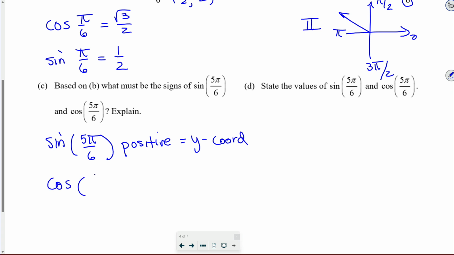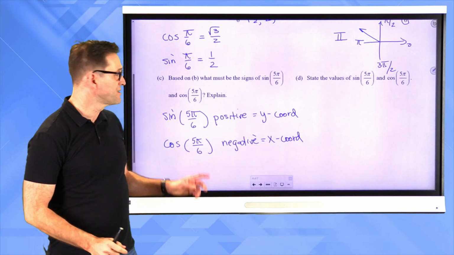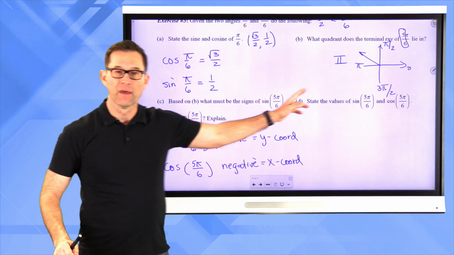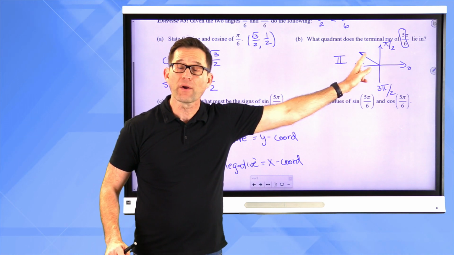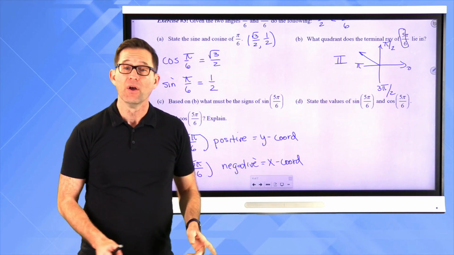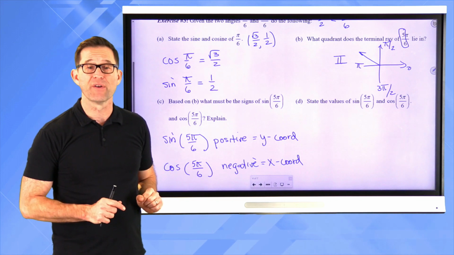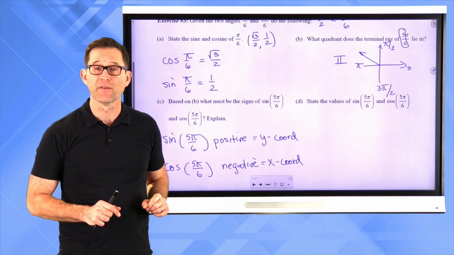And cosine of 5 pi over 6 must be negative because it's the x-coordinate. So in the second quadrant, the x-coordinate is clearly negative, the y-coordinate is clearly positive, so the sine must be a positive number and the cosine must be a negative number.